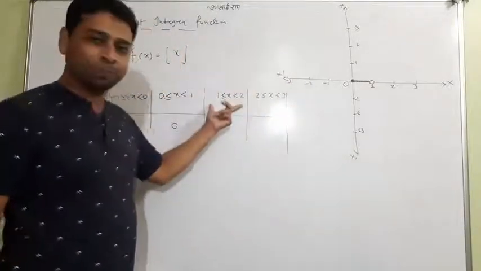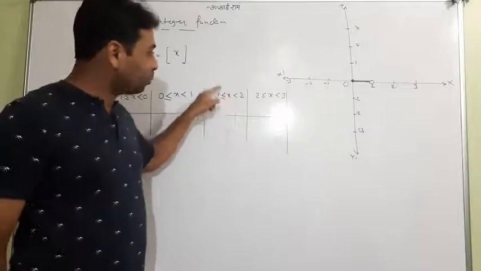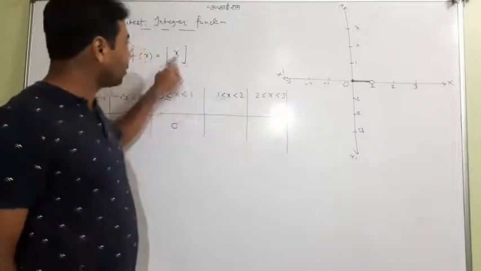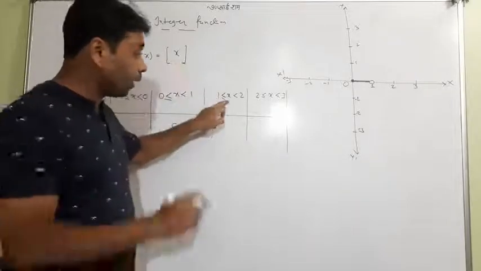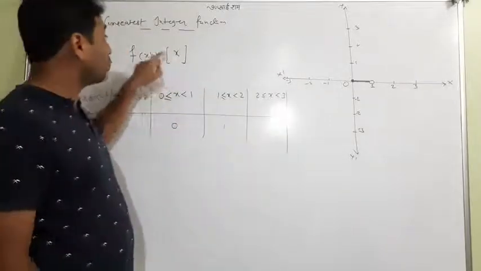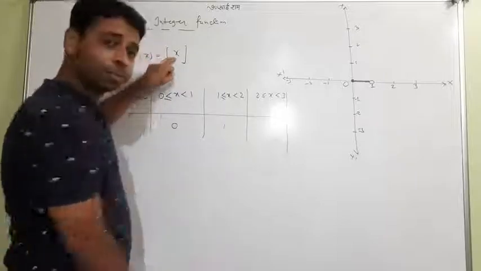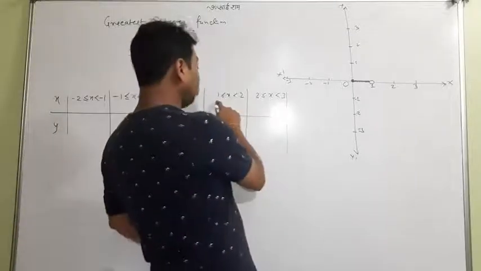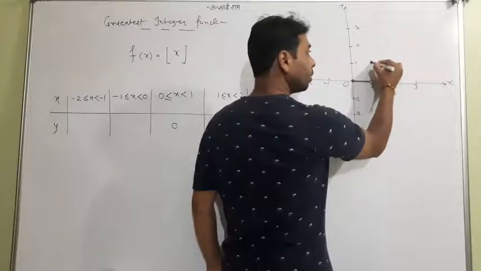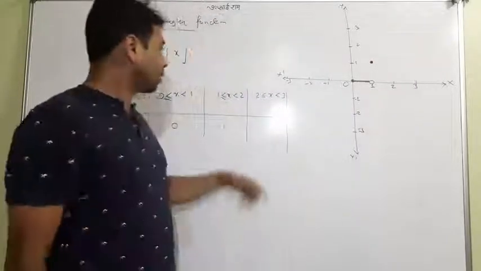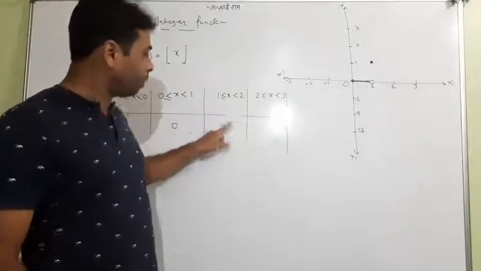Go with 1 to 2. X from 1 to 2. Put x equal to 1, you will get y equal to 1. When x equal to 1.1, I taught you that the answer is again 1. Meaning, x equal to 1, y equal to 1, this is the point. Go ahead. X equal to 1.1, y will be 1.